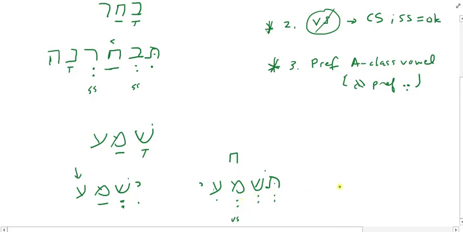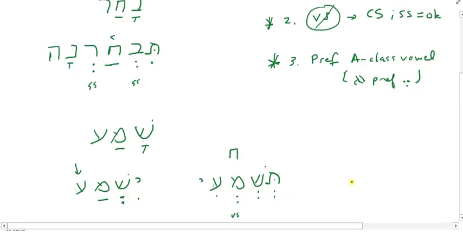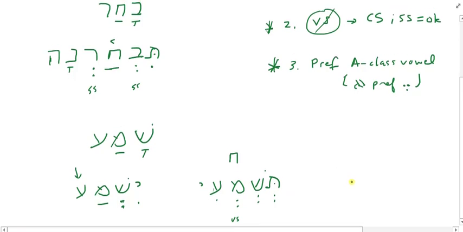The other thing I want to look at with you is the form with na, the 3FP, 2FP. It's tish, ma, na. And notice here that the accent is on the mem, tish, ma, na. This Shiva is under a guttural.